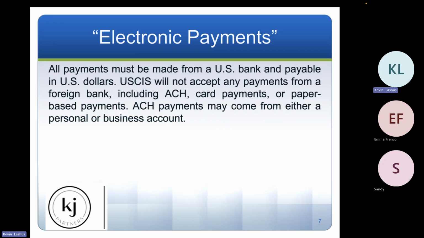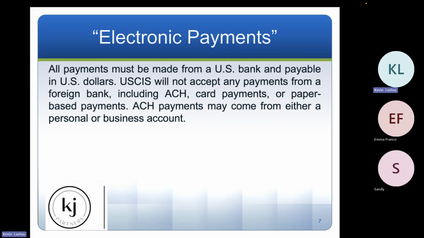We're going to try and make it as easy as possible on you, but just recognize that that's where the public policy is headed. The public policy is headed in a direction to make the application for immigrant benefits much more difficult than it has been historically. So from now on, all payments must be from either a USA bank or payable in US dollars.